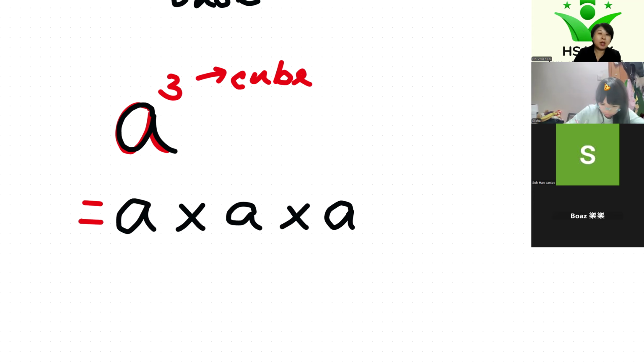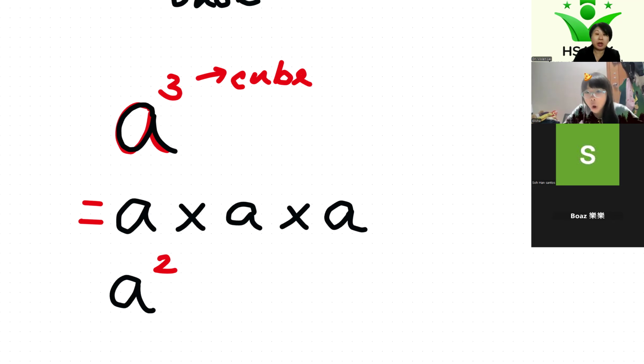Okay, so what about A to the second power? A to the second power also has a special name. That's why I mentioned it. It means square, A squared. Okay, so what does this mean?